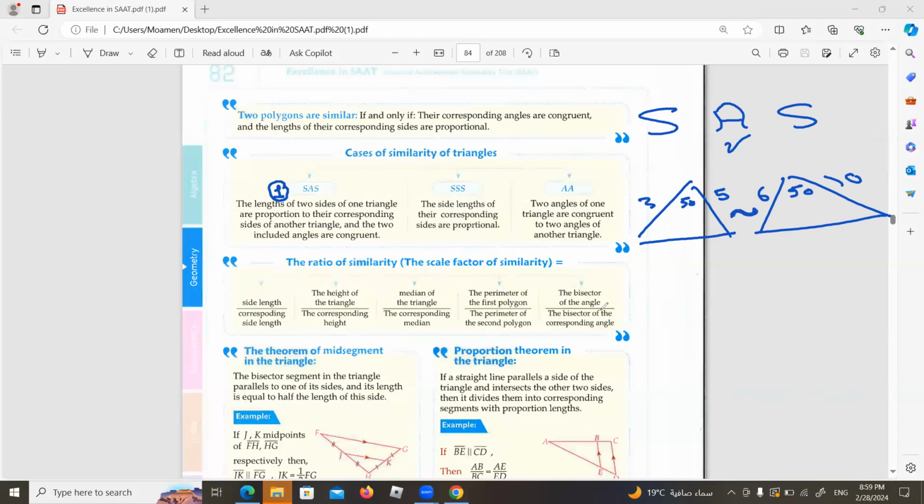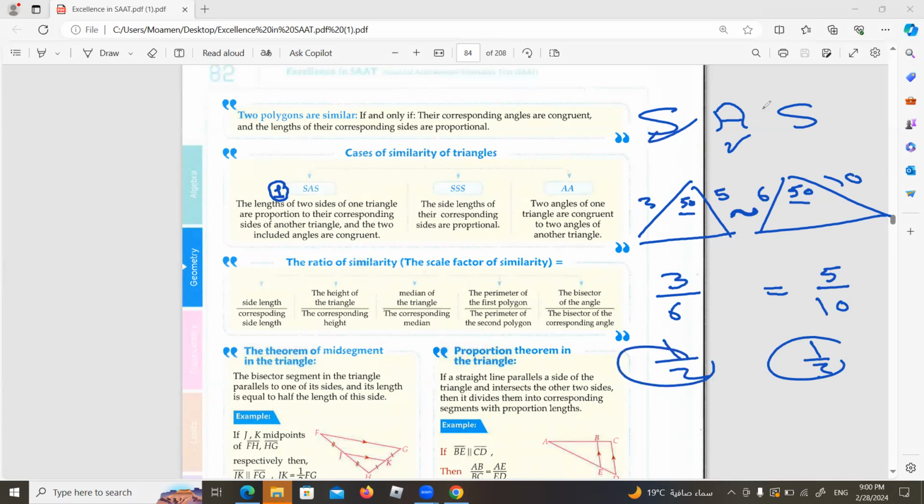Why, mister? Because the included angles are equal, and 3/6 is equal to 5/10, both equal to half. So two proportional sides and one equal angle.